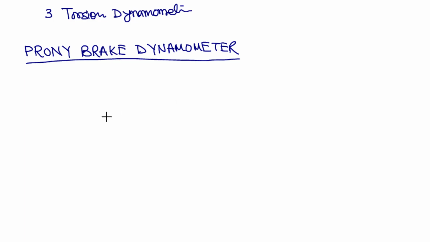So this is the brake drum or pulley. This is the shaft, the power output shaft. It is keyed with this pulley.